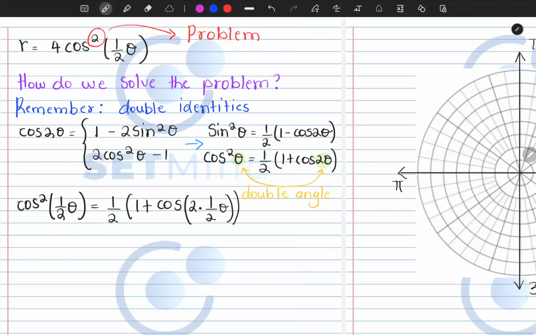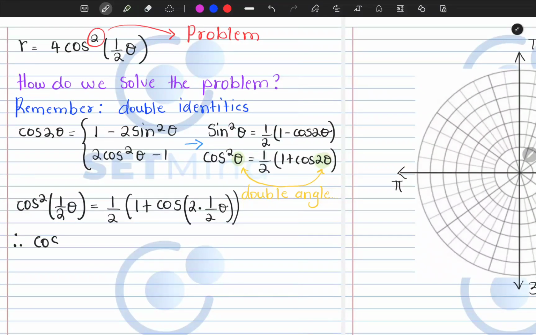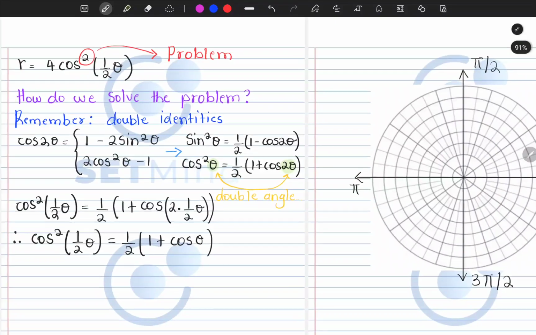So I need to put that. So you'll see that our cos squared of half of theta will end up giving us a half, or maybe let me keep the half outside, that is still okay. We'll have 1 plus, if you look carefully, cos of theta.